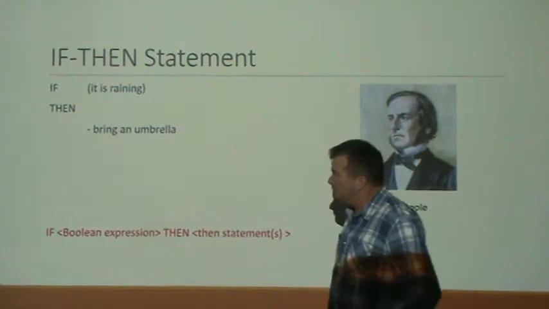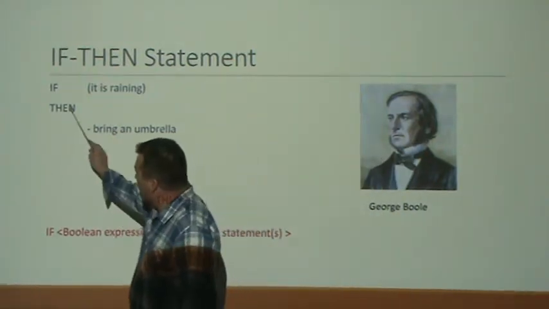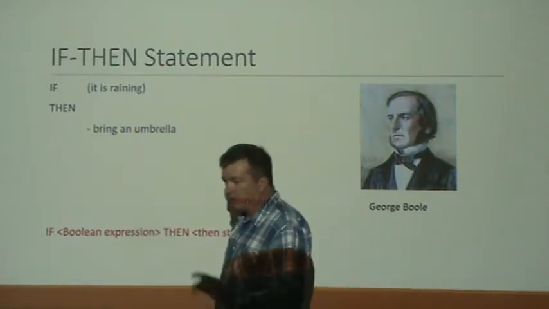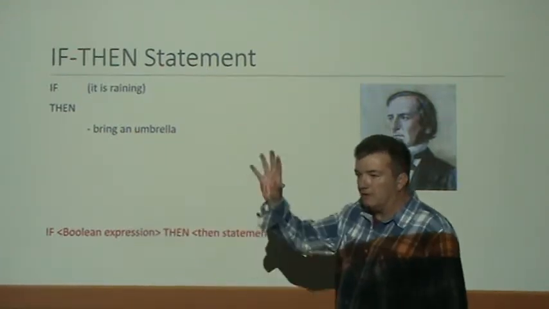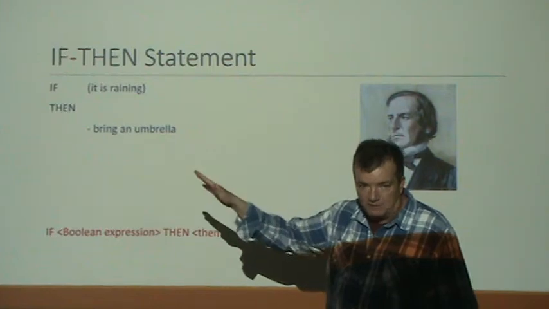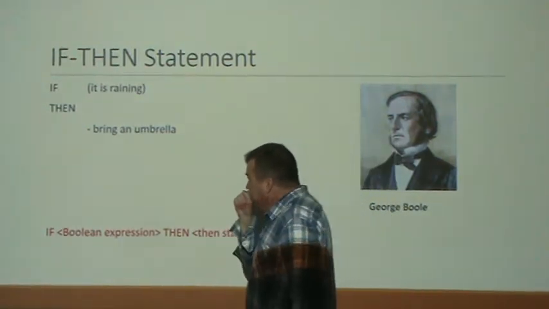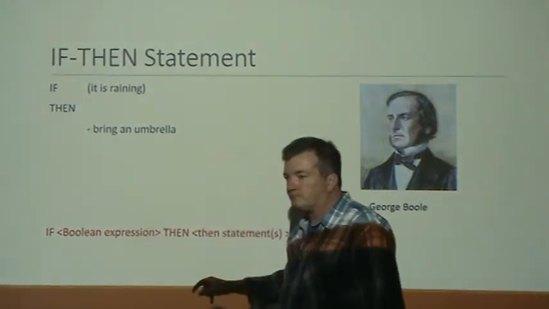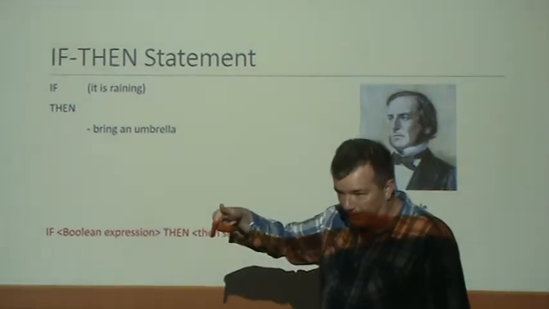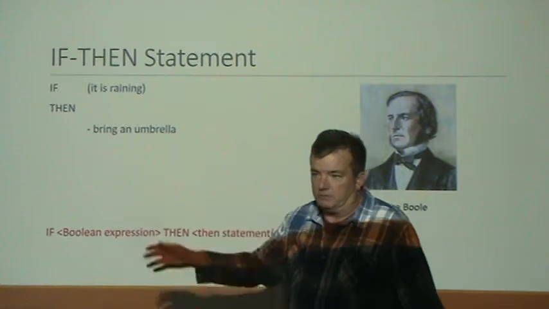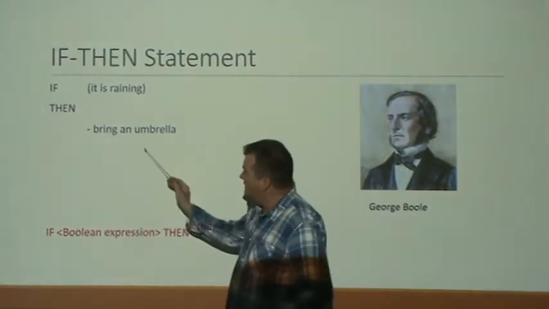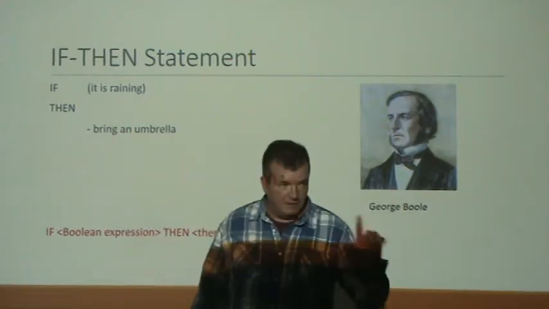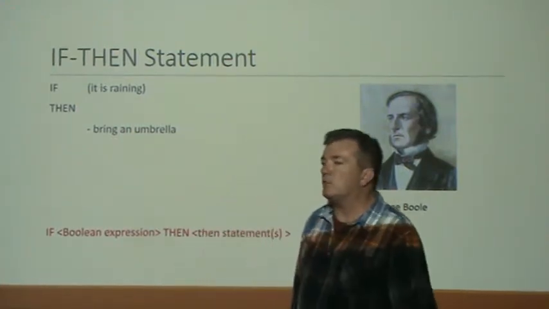So for example, we could say if it is raining, so it is raining is either a true or false statement. If it is raining, then bring an umbrella. But if it is not raining, then don't bring an umbrella, right? So this instruction, bring an umbrella, will only be done if it's raining. If it's not raining, then it won't be done.